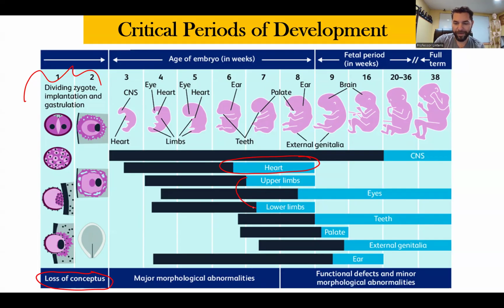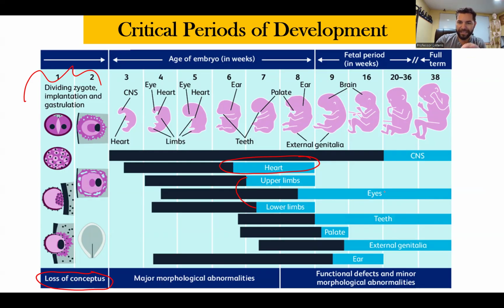Then you have your limb formation, right? And these are critical periods. So although some of it starts to form early, like in the beginning, you have the CNS, you saw the three primitive stages of the brain, and the heart. These are critical periods for development, right? And you'll see that some of these major ones are around that 6 to 8 week period.